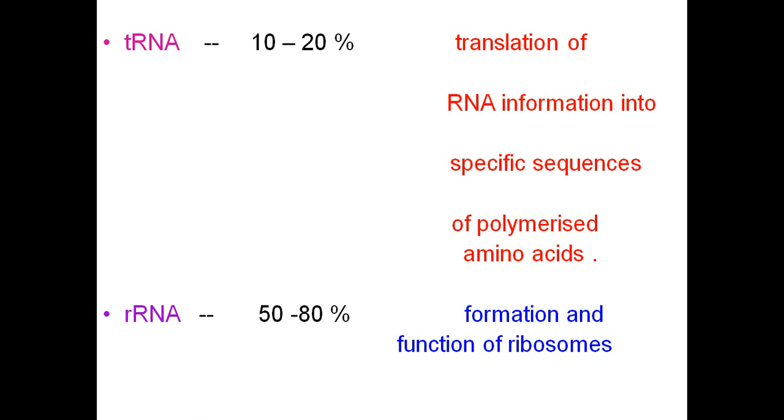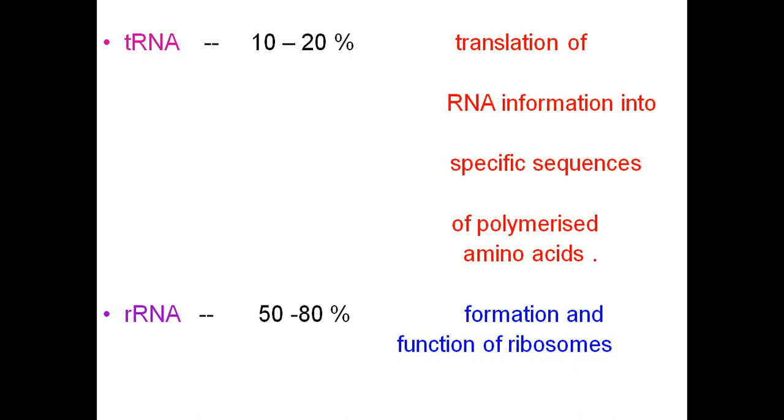rRNA accounts for about 50 to 80%. So among the three types of RNA, that is mRNA, tRNA and rRNA, ribosomal RNA accounts for the major amount compared to tRNA and mRNA.